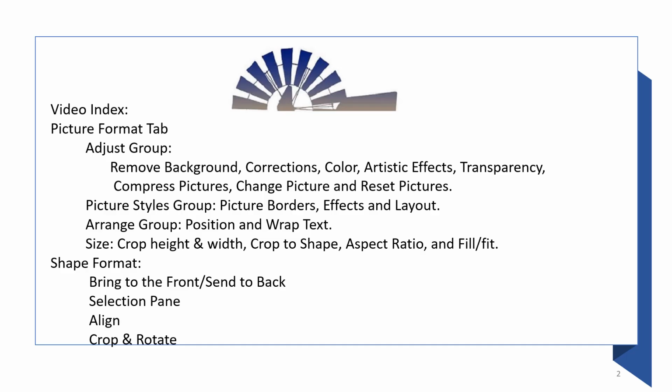Arrange Group: Position and Wrap Text. Size: Crop Height and Width, Crop to Shape, Aspect Ratio, and Fill or Fit. Shape Format: Bring to the Front, Send to Back, Selection Pane, Align, Crop and Rotate.